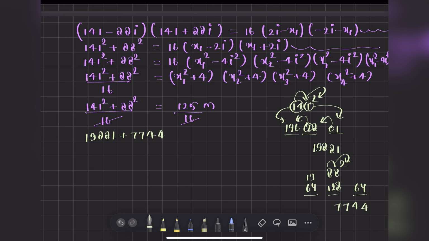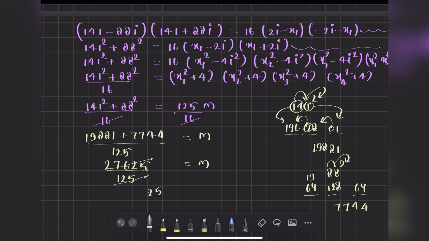7744 over 125 equals m. Now let's add them. So it is 5 2 6 7 2. Okay, yes. Now 125. Let's divide numerator and denominator by 5. So 5 2s are 10, 5 5 25.